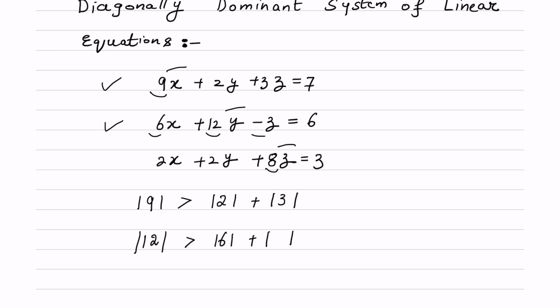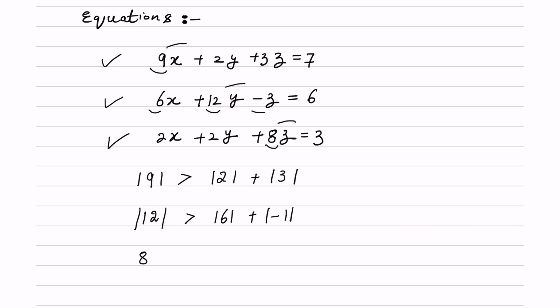So 6 and minus 1. Now look at the third equation. The diagonal coefficient is 8 along with the variable z. Its absolute value should be greater than the absolute sum of the other two coefficients in that equation, which is 2 and 2.